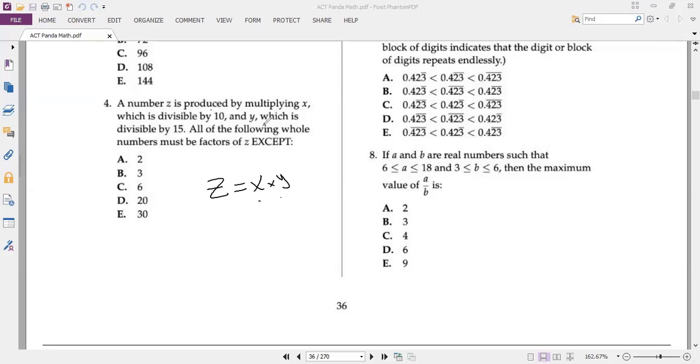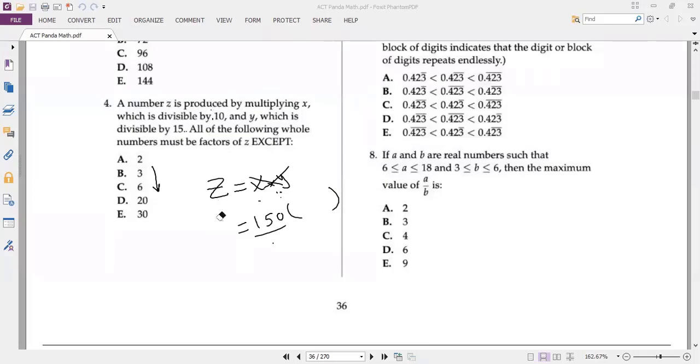X and y are divisible by 10 and 15. So we can write it like this: 150 times whatever was before x and y. So we can divide this by 150. So which of those can be divided by 150 without remainder?